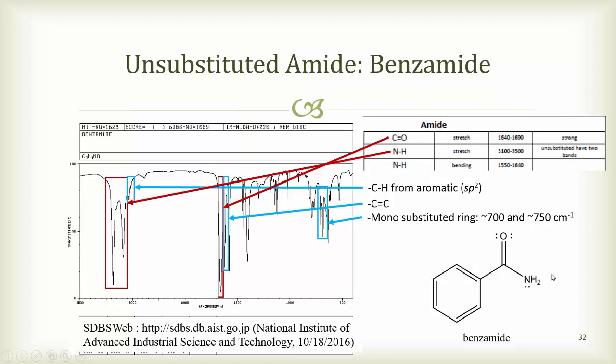There is a nitrogen in this case with 2 hydrogens attached, and you are still going to see those 2 NH bonds like we did with the primary amine in this region down here. If it were an amide with only 1 hydrogen in this region, you would only see the 1 peak, and if it were an amide with just carbons attached to it in this region, you wouldn't see these peaks at all, just kind of like you did with the amines.